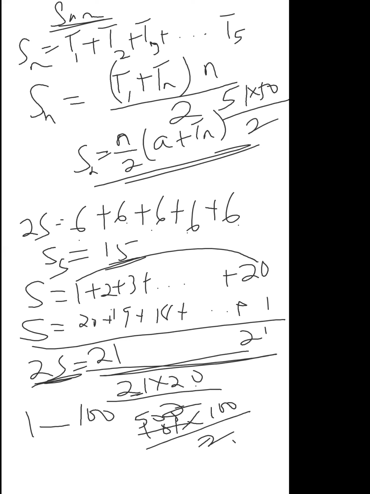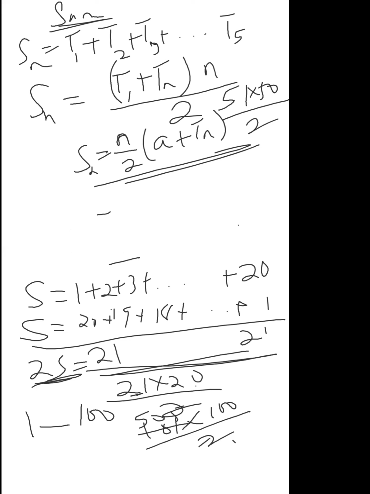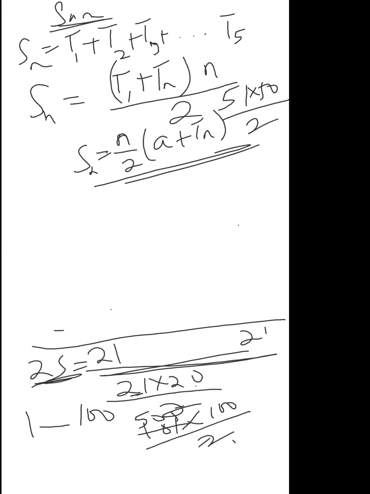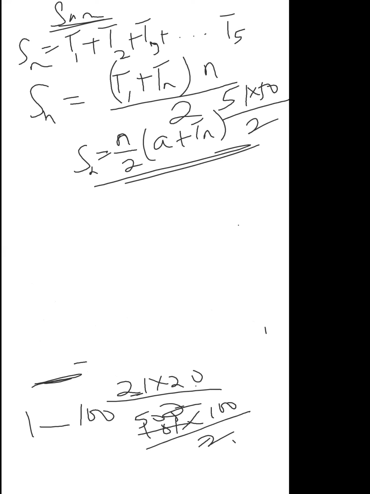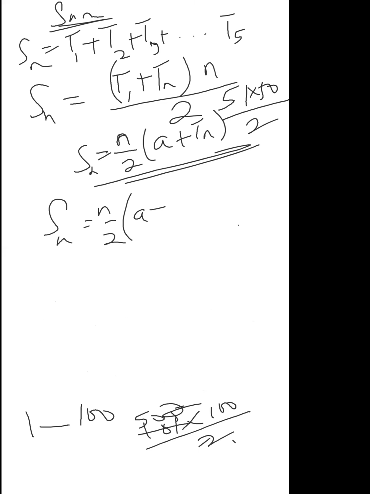Because we have known the formula for Tn before, we now want to replace it. I can see that Sn equals n over 2 into bracket A plus my Tn.